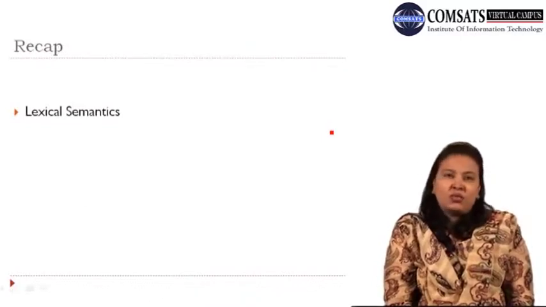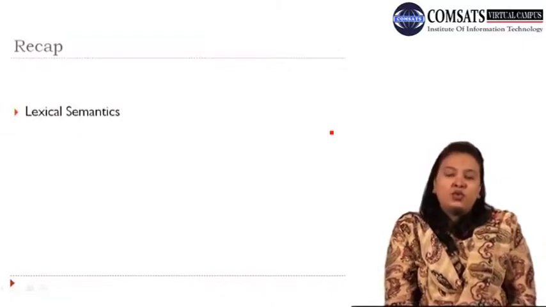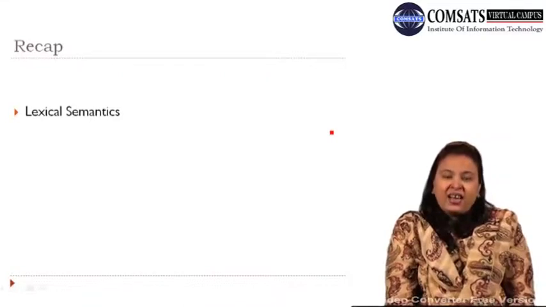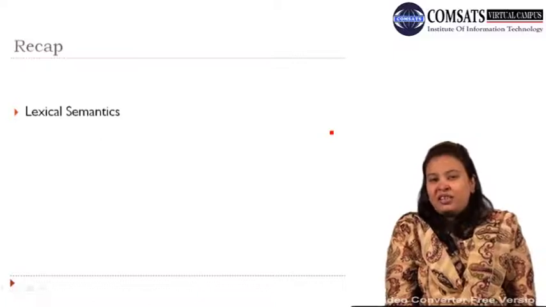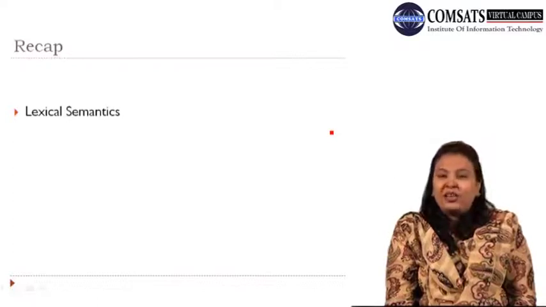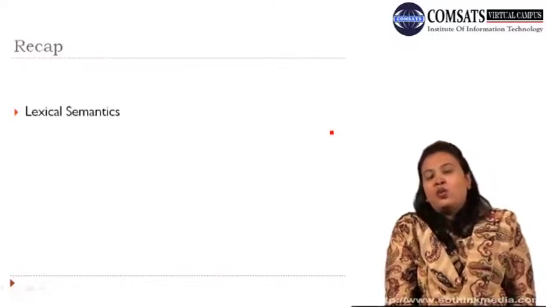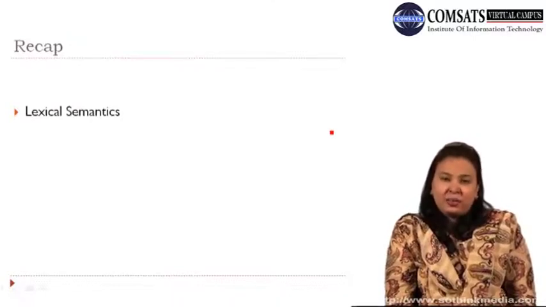So today our focus was on lexical semantics. Lexical semantics is all about the meanings of words. What we have done today, we started with an introduction to lexical semantics. Then we introduced three ways to get the meanings of words. We studied semantic features, semantic roles, and lexical relationships.